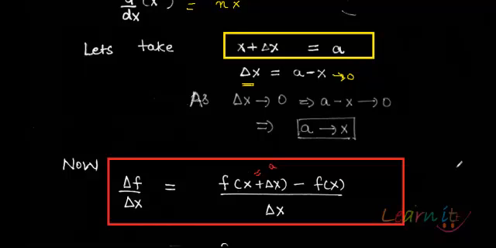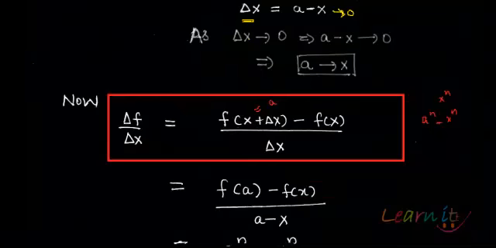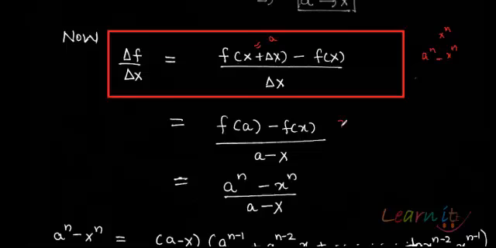So in terms of the function x to the power n, f of a would be a to the power n, and f of x would be x to the power n. So f of a minus f of x upon a minus x, since change in x is essentially a minus x, is what we have to figure out.